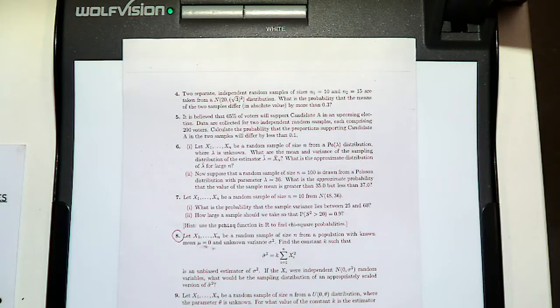Can you guys do question 8, please? I'll give you a couple more minutes, and then I'll show you how to do it if you haven't done it. Okay, so take 2 more minutes and see if you can do question number 8.